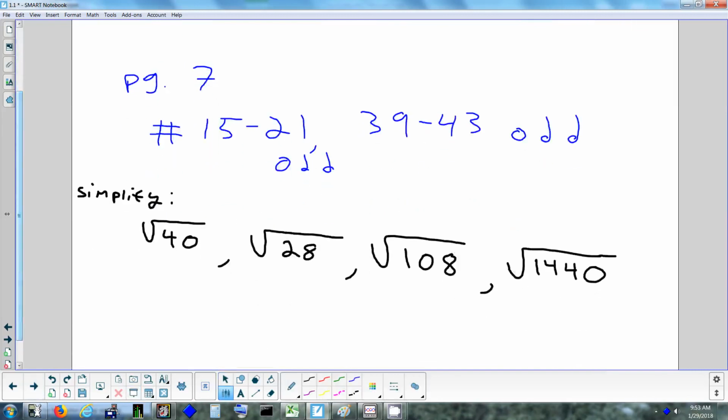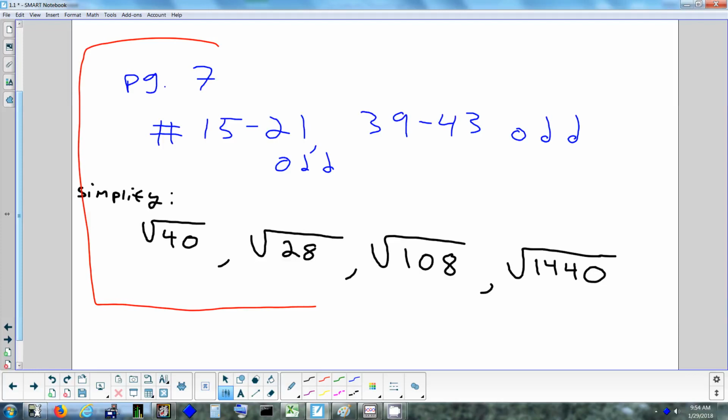All right, so homework tonight, part of it's in the book, part of it is some problems you need to copy. So it's page 7, 15 to 21 odd, 39 to 43 odd. And simplify these 4 square roots: square root 40, square root 28, square root 108, and square root 1440.